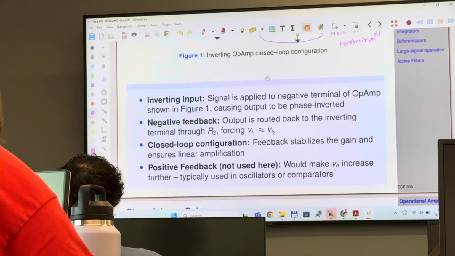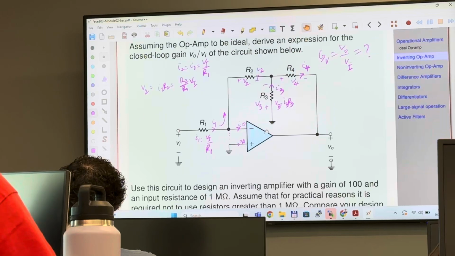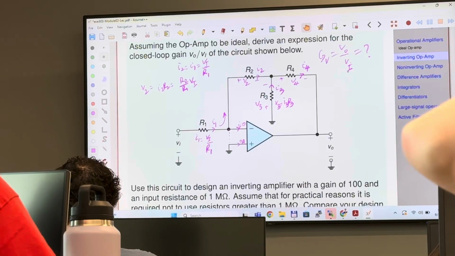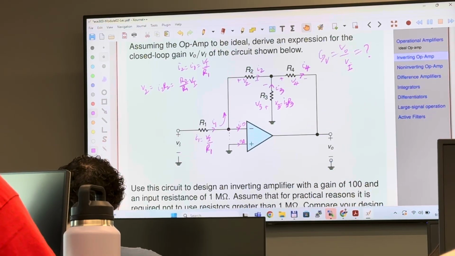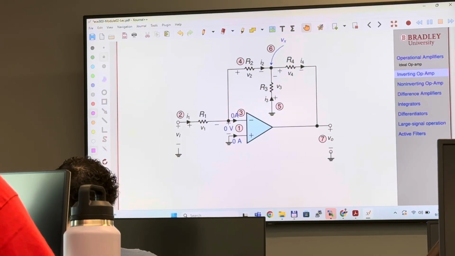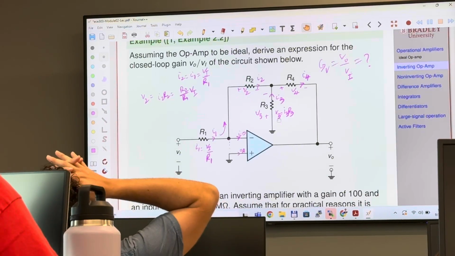But here I have an inverting configuration with the output as a resistor. So first, let's find this overall voltage gain, which is V0 over Vi. V0 is the output and Vi is the input. Let's see how to do that. I have actually redrawn this circuit, and this is what you will see the author has provided. The author did not provide this clean circuit.